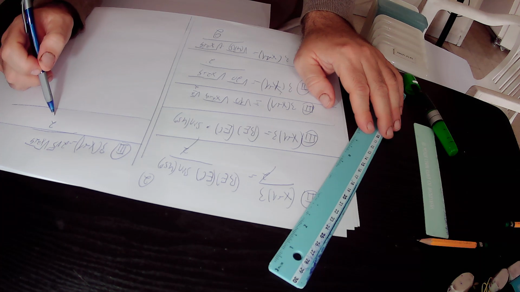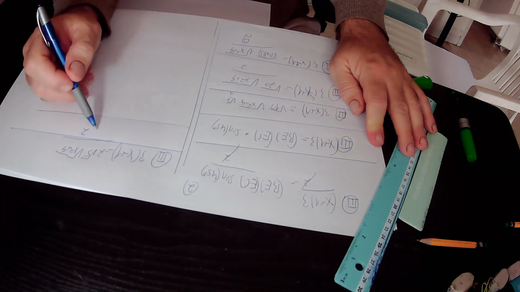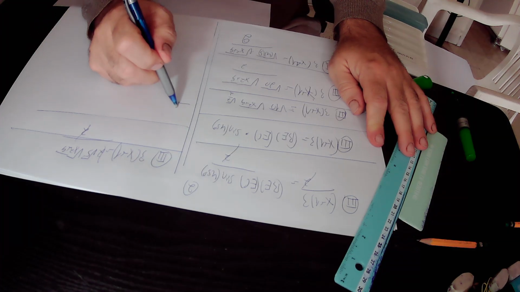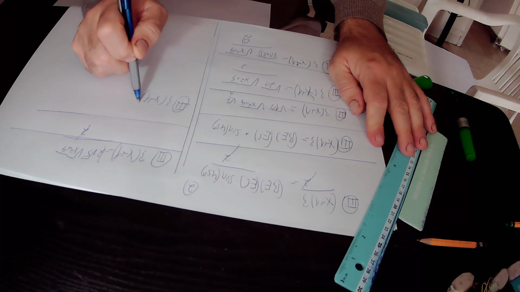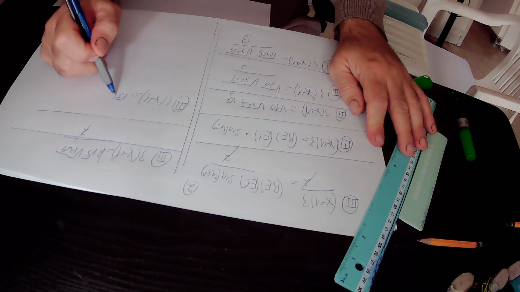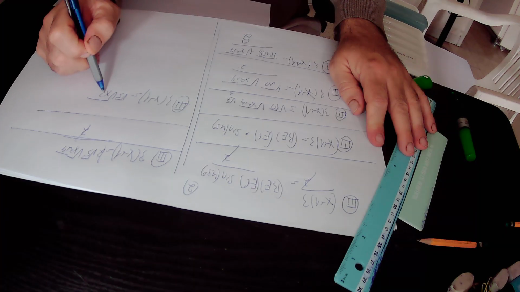Here we have 2 in the numerator and 2 in the denominator, so 2 gets cancelled. So in total we found out that 3 times (x plus 1) equals the square root of 5 times the square root of x squared plus 9.